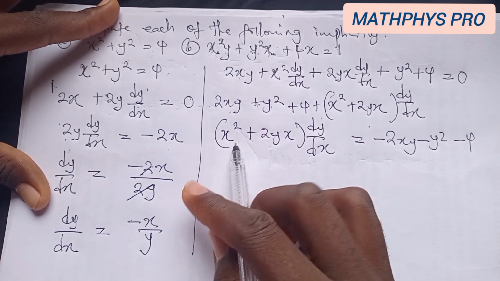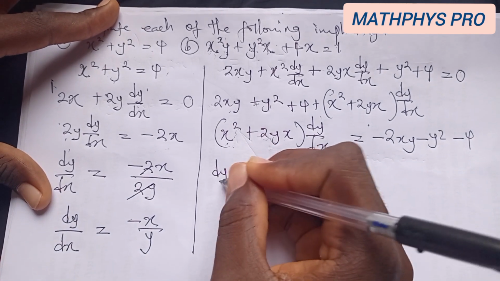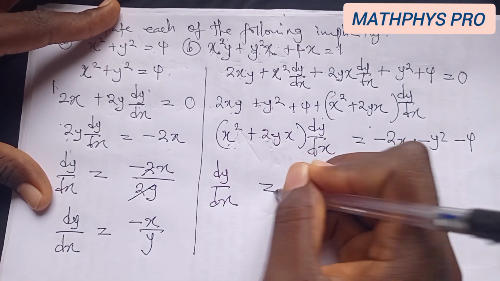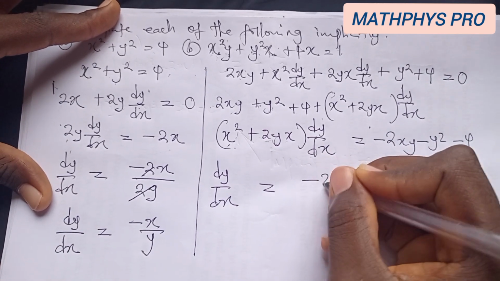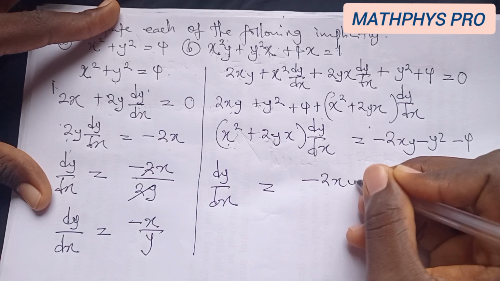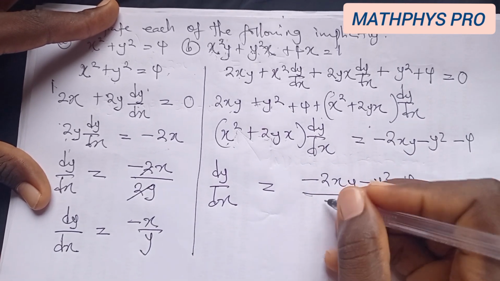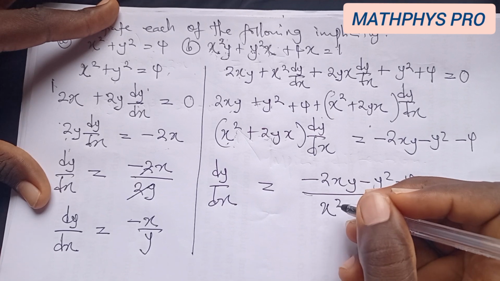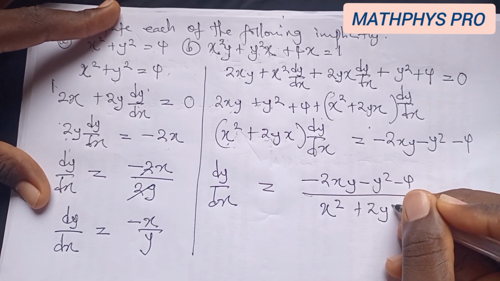Now we divide both sides by x squared plus 2yx to get dy dx. So dy dx equals minus 2xy minus y squared minus 4 over x squared plus 2yx.